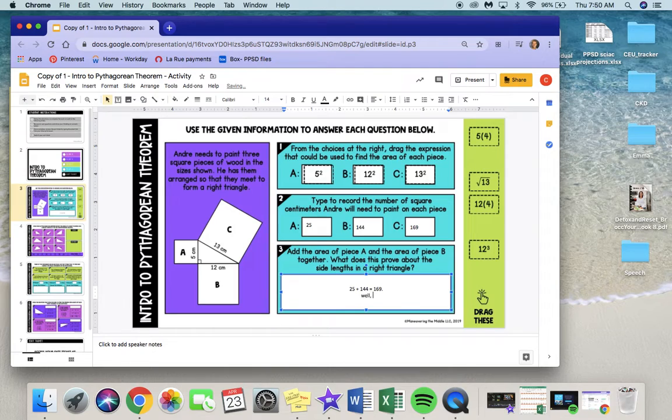Well, if you add together A squared and B squared, you will always get the same amount of area for C.